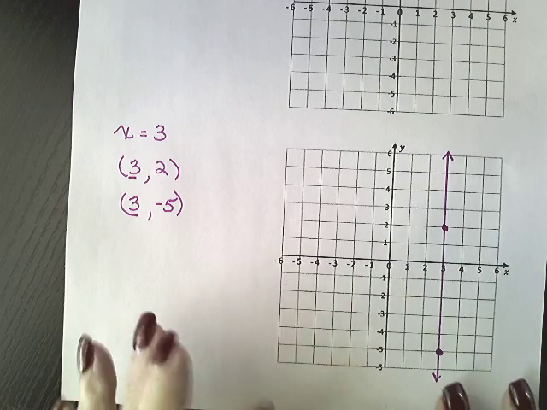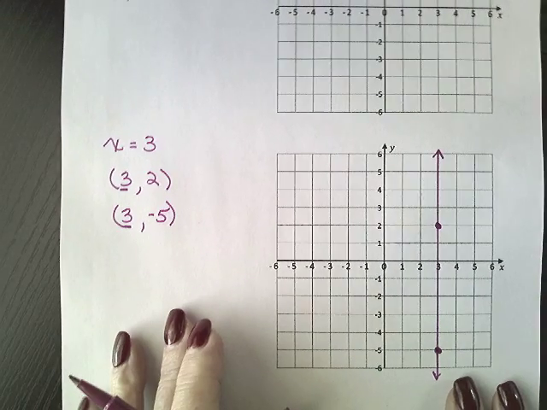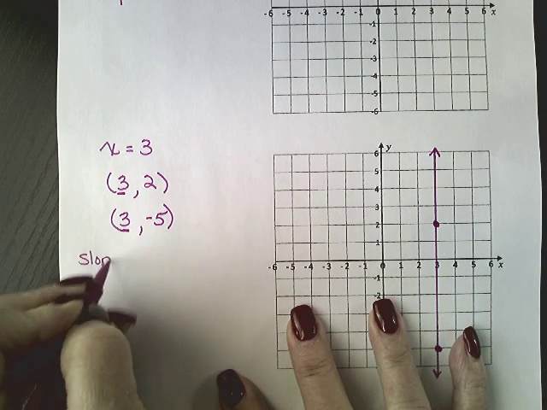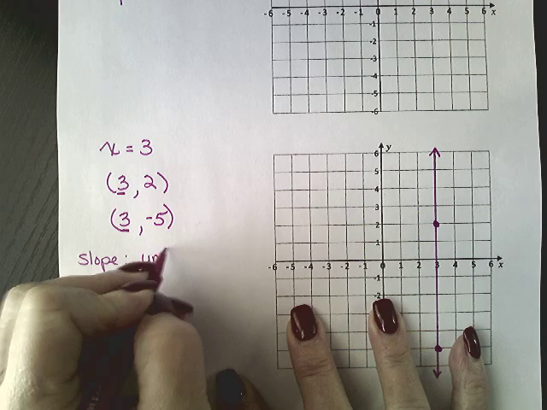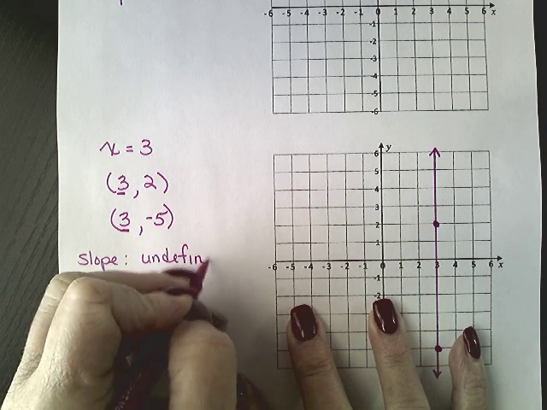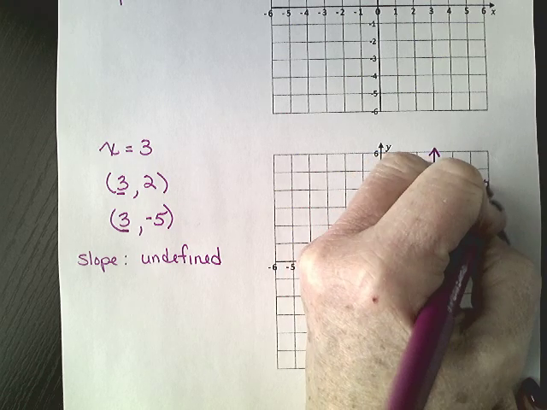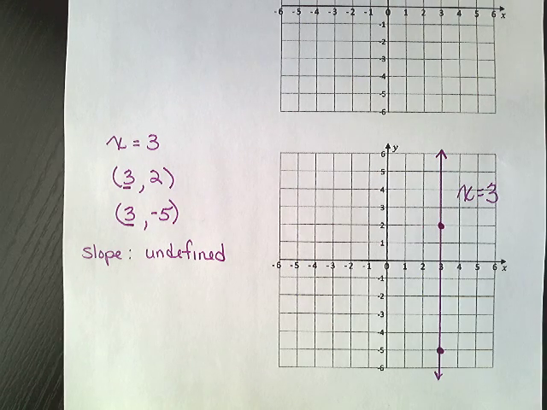So we know that if a horizontal line gives us a slope of 0, then our slope for a vertical line is undefined. And we would label it x equals 3. Okay, that's it for that.